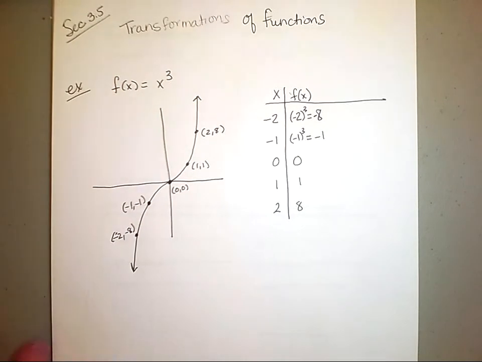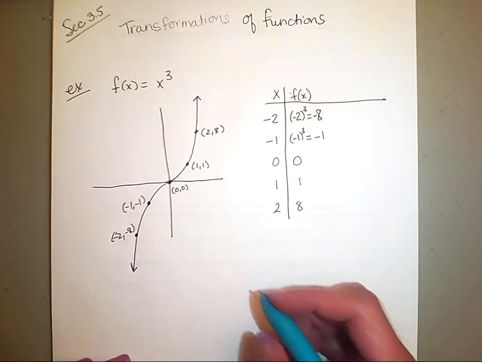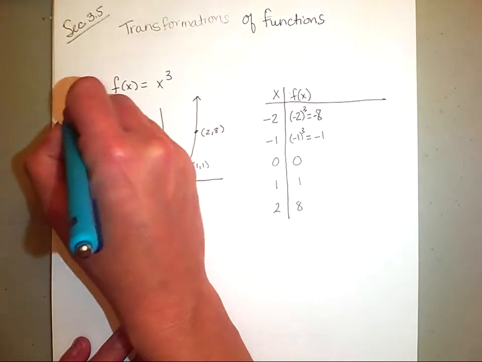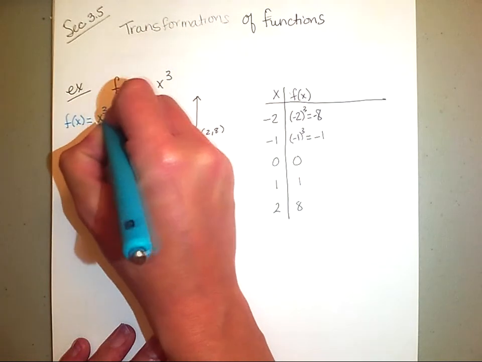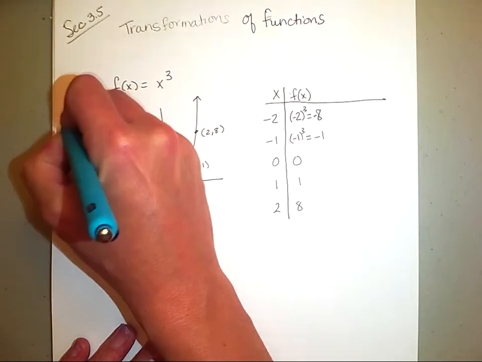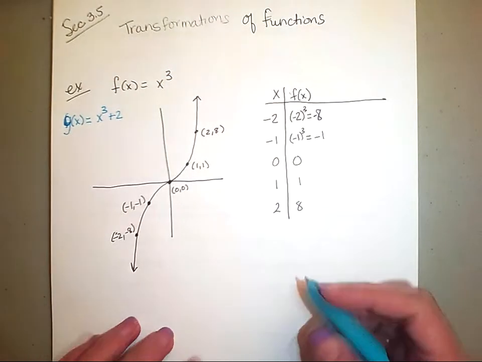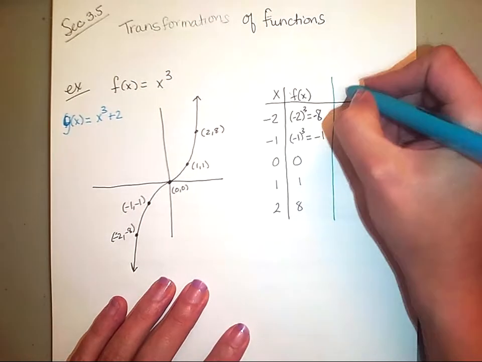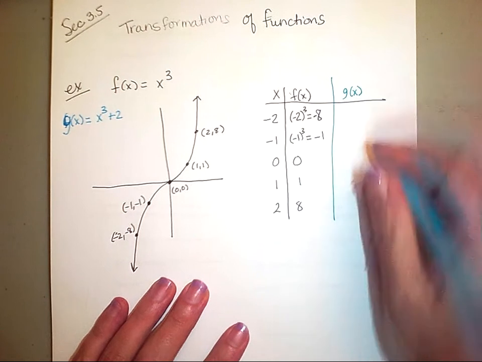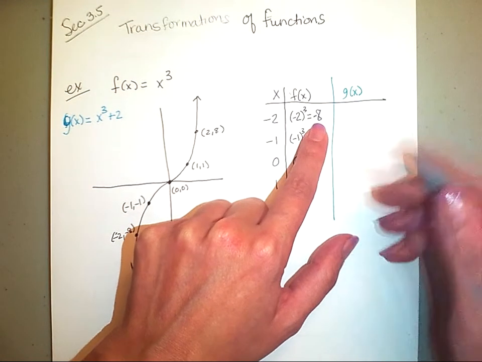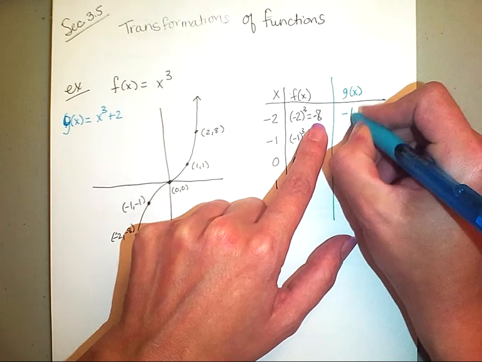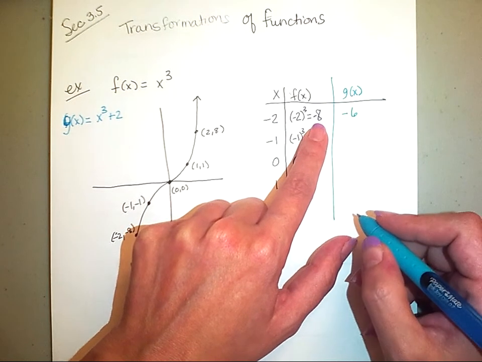Now, we could look at a different function, and it will have the same shape. Okay? Let's look at x cubed plus 2. Let's call it g of x so we don't get confused. Then over here, g of negative 2 is negative 2 cubed, which is negative 8, but then we're going to add 2, so it's negative 6. Okay?